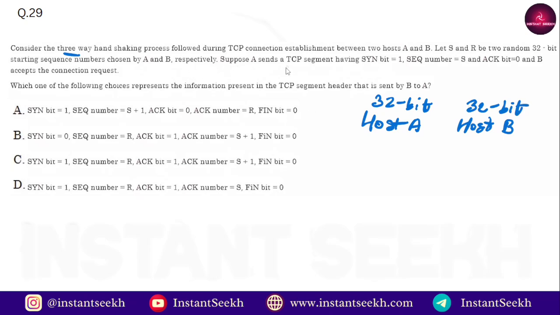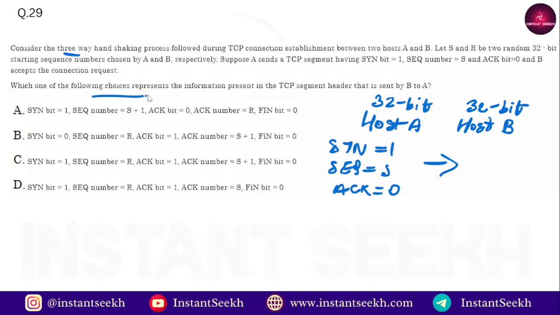Suppose A sends a TCP segment having SYN bit equal to 1, sequence number equal to S, and acknowledgement bit equal to 0. And B accepts the connection request.